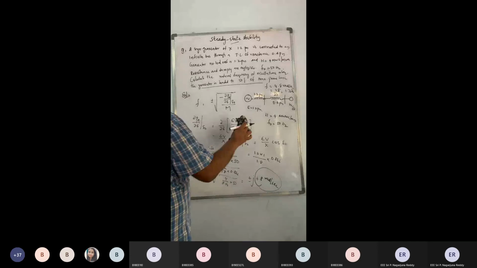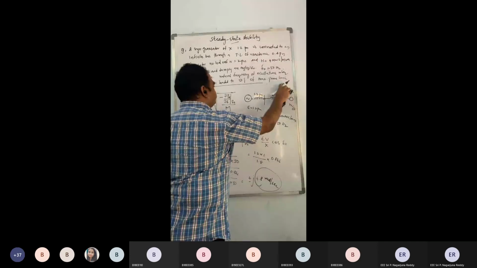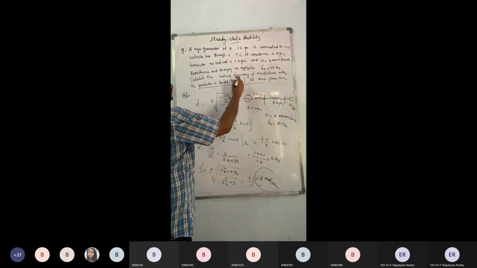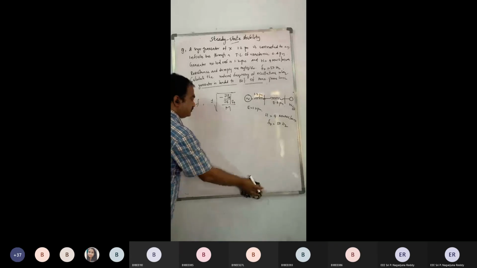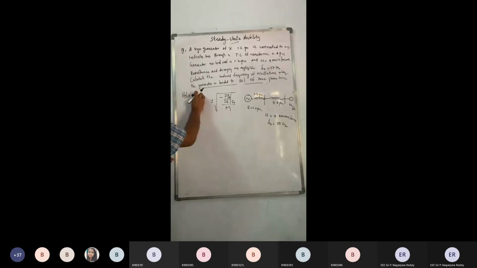0.76. Now I am going to change the numericals for you. I'll make the loading 80%. So if the M changes also, we'll do it again. See, this is the expression, right? In the formula, only the magnitude is counted as frequency.